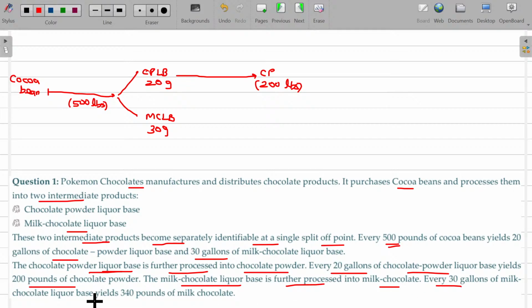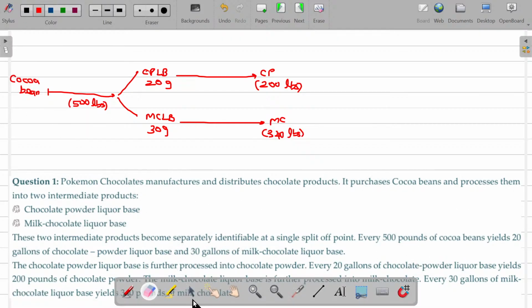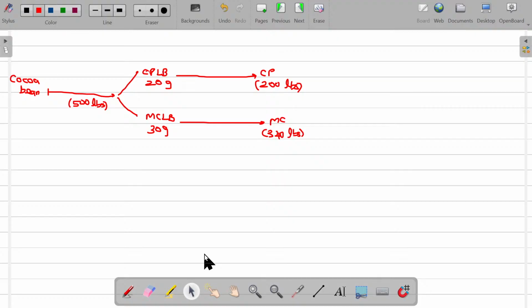Every 30 gallons of milk chocolate liquor base yields 340 pounds of milk chocolate. So this can also be further processed into milk chocolate. Around 340 pounds can be produced here. Clear?